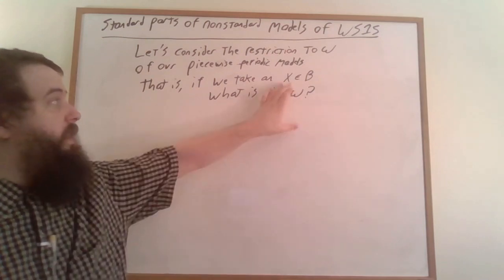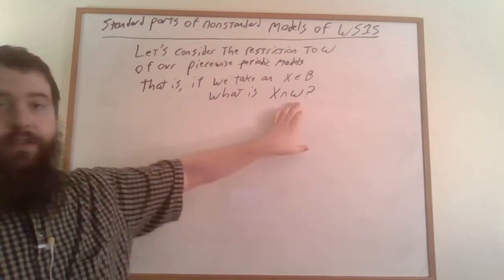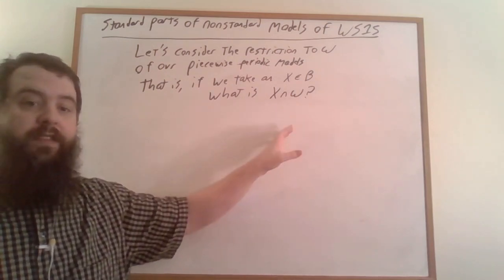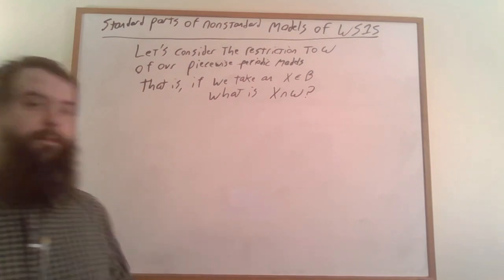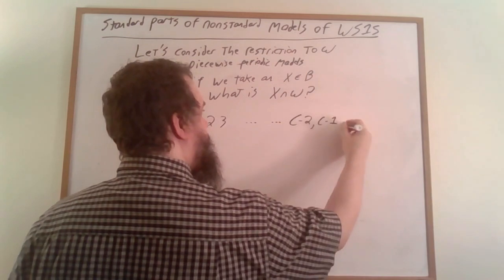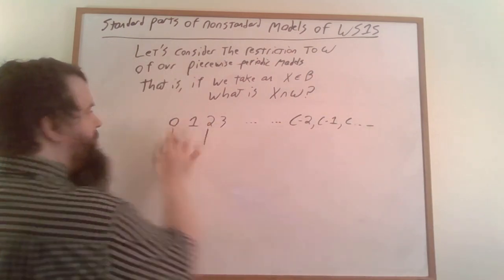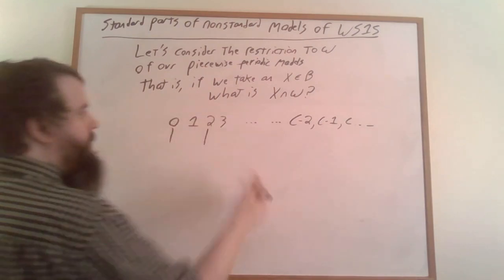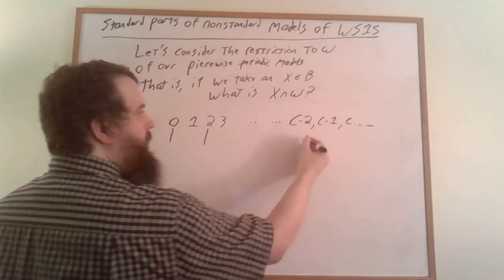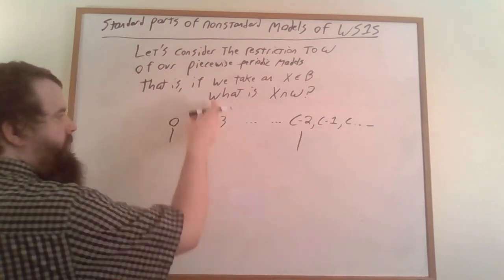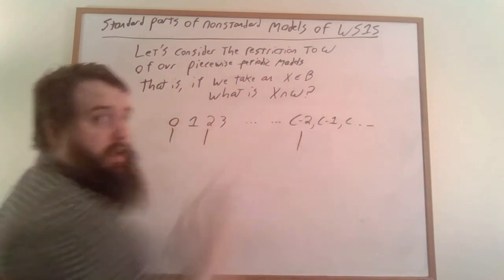So it could be the case that X is actually some finite set of natural numbers, in which case taking the intersection with omega isn't going to change X. It's still going to be some finite set of natural numbers. More likely, though, this set is going to have some behavior on some finite initial segment of the natural numbers, and then it's going to have a periodic piece that starts in the omega part and ends somewhere in the non-standard part.